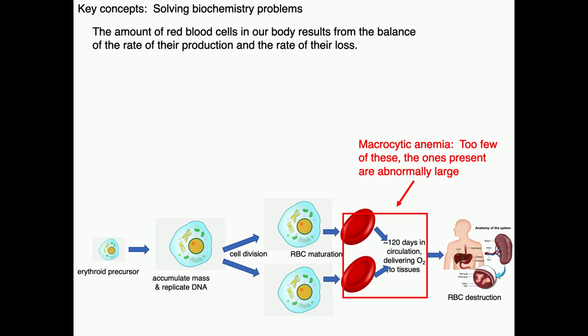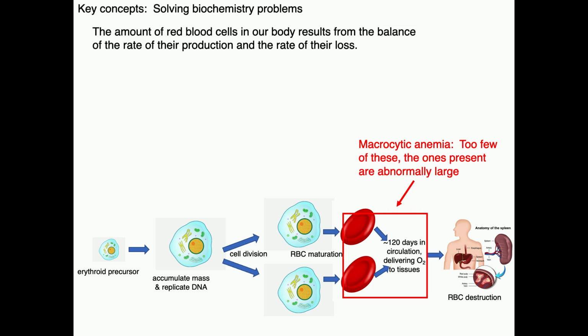The size is determined, in normal circumstances, when there is no limiting substrate required for division, and the control of the size of the red blood cell is tightly coordinated with the replication of the genome.